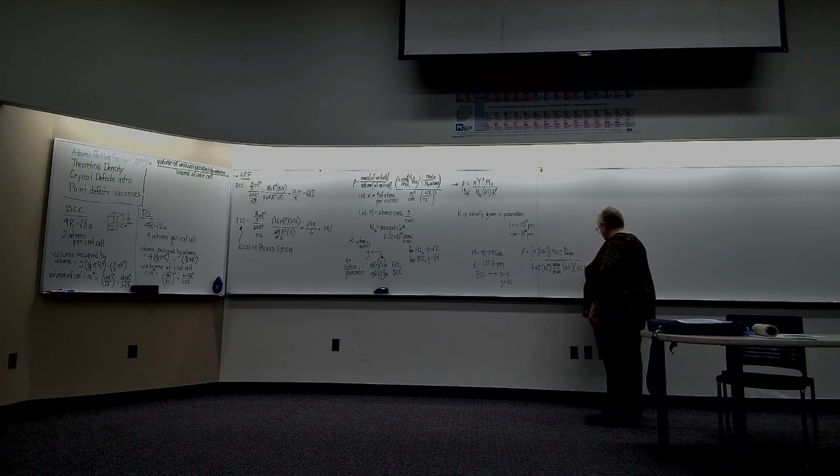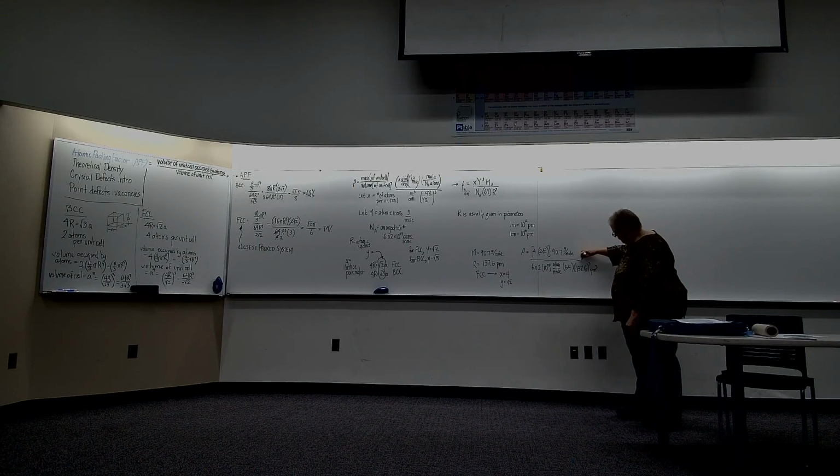R is 137.6 picometers, and here we have to do something so we don't forget. We're going to say 137.6 cubed picometers cubed, so we don't forget to cube that number.